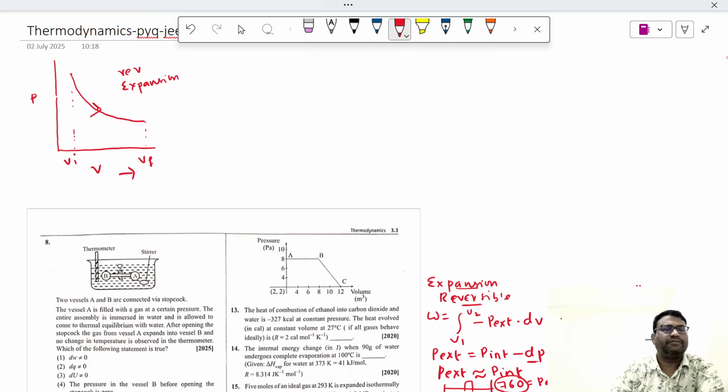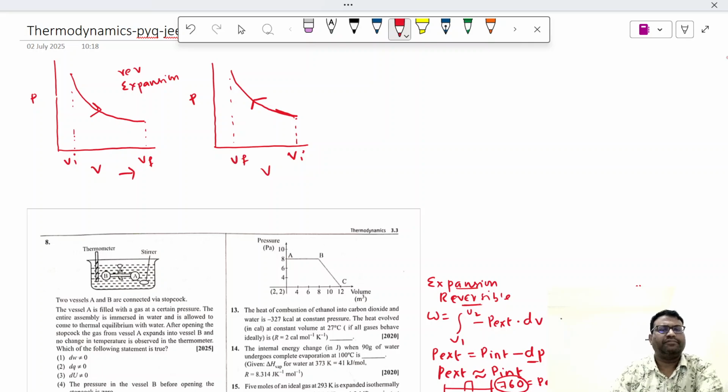If you draw a graph for reversible compression, you will get the same type of graph, but with the opposite arrow. PV, again initial volume, V initial, V final. So what is the work done?